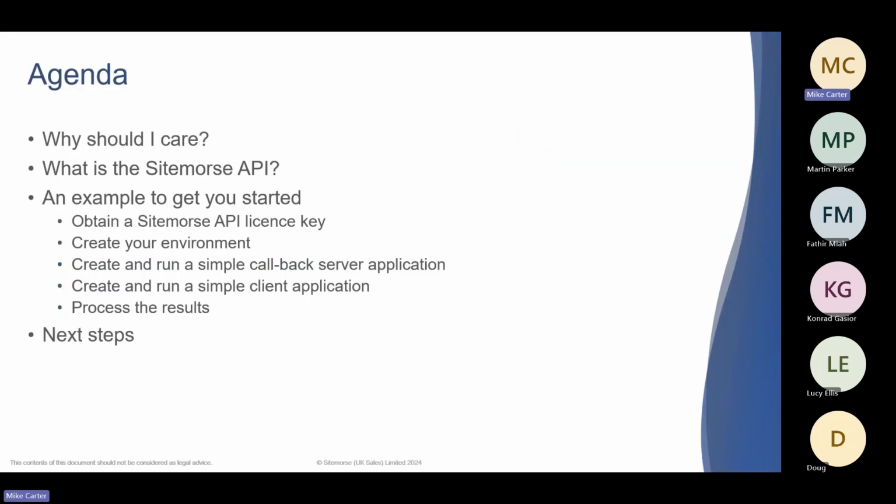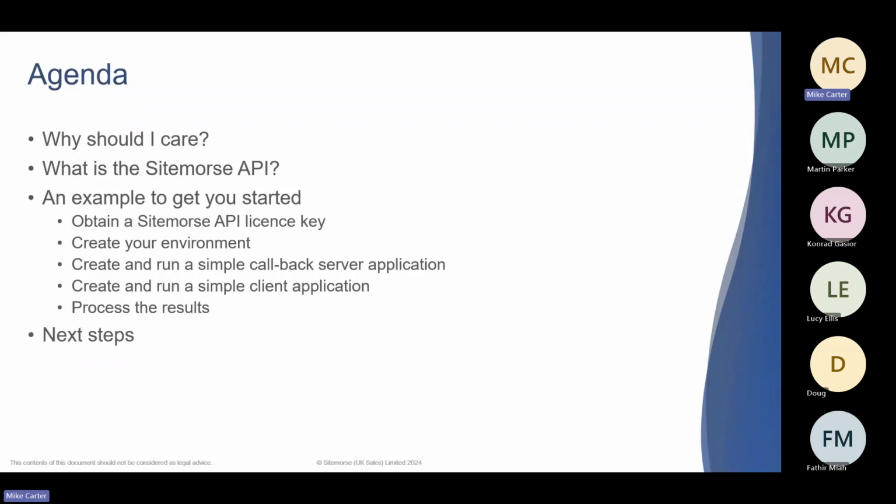So, what's the agenda? Those of you who have come to these Sitemorse presentations before know that I always put at the beginning of my webinar, why should I care? Because if I can't explain to you why you should care about this, then why are we all even here? The Sitemorse API essentially gives you far more control over being able to do Sitemorse reports. Those of you who are existing Sitemorse clients will know the reports that we create, but of course what you see is what we've decided to put in the report and how it's laid out and so on.